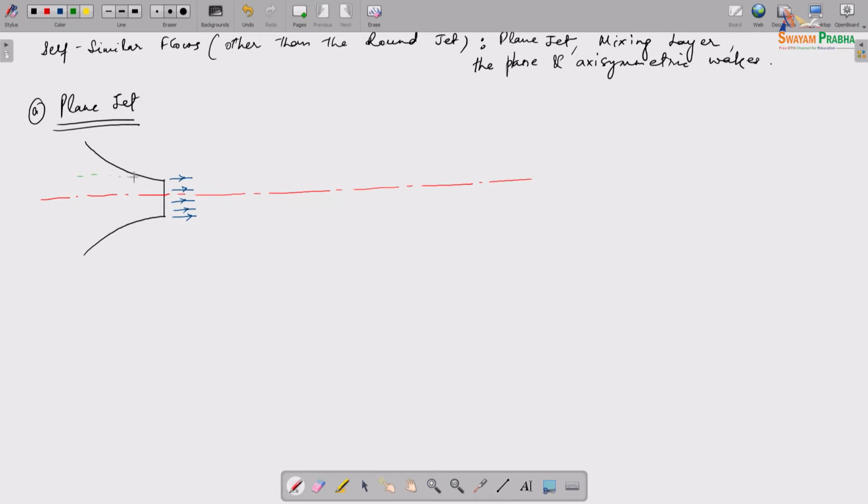Okay, so this height is actually d. Okay, then let's draw an axis system such that this is essentially x, this is the y, okay, and there is a certain characteristic length which we call as delta, okay.